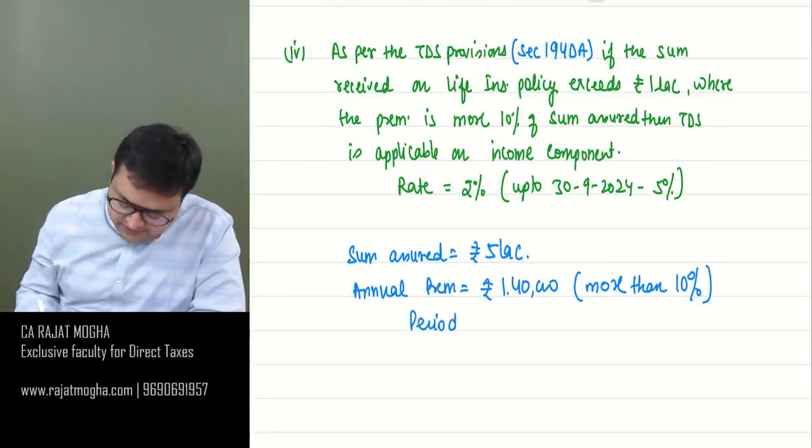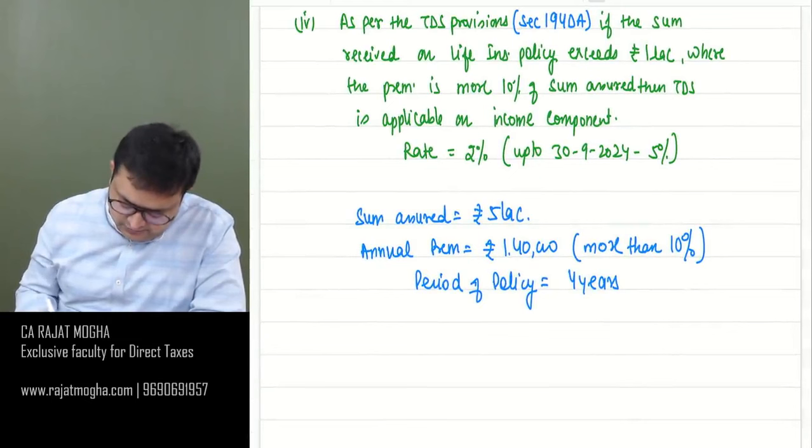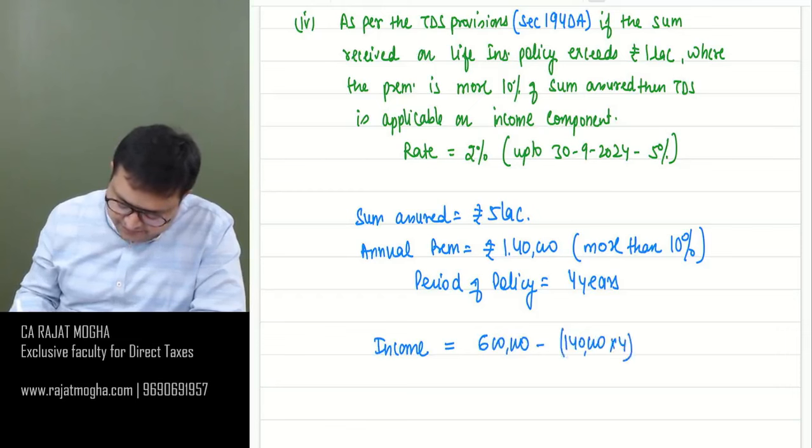Period of policy. You have calculated it is 4 years. So income component is equal to 6 lakh minus 140 into 4. 40,000.